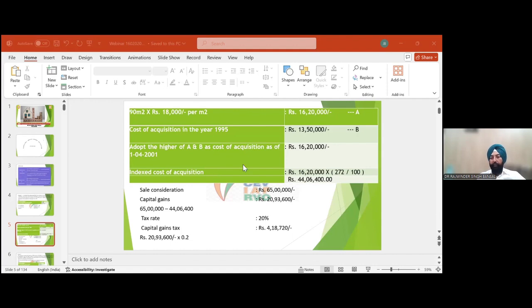So how is the indexation to be done? See here, in the numerator it is 272. Why 272?